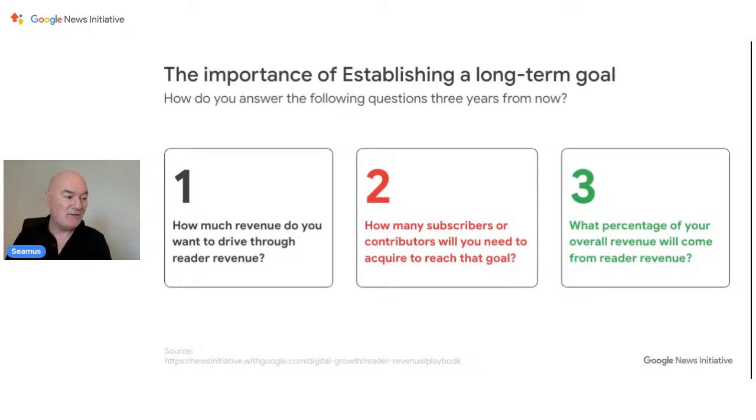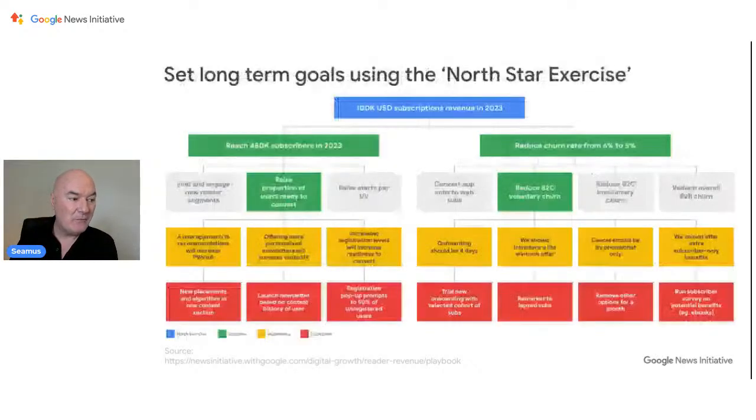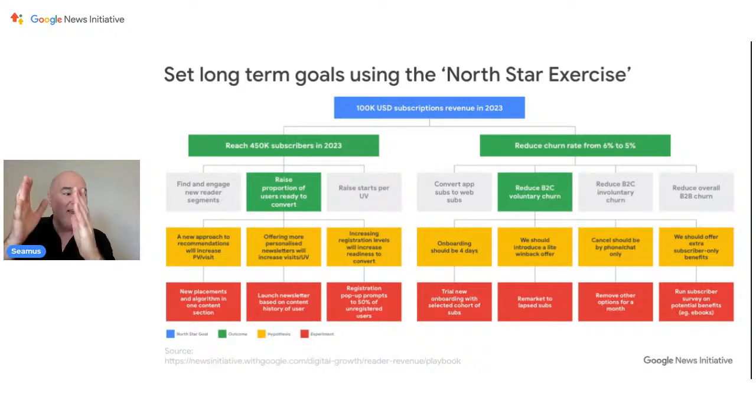So imagining these questions: how much revenue do I want to make through reader revenue? How many subscribers? What's the goal when it comes to subscribers and contributors? And what's the percentage of the overall revenue? You'll see there in the playbook when you go there for further information on this. I talked there about the Northern Star, the North Star, sometimes people call it. This is an exercise where you can actually put this down in real terms.